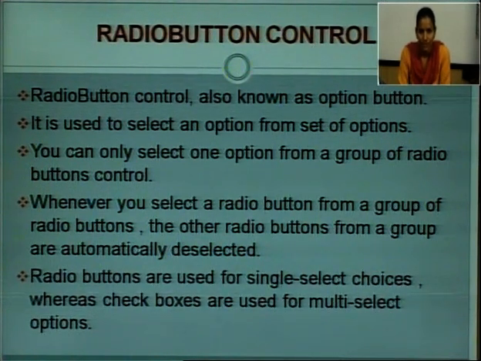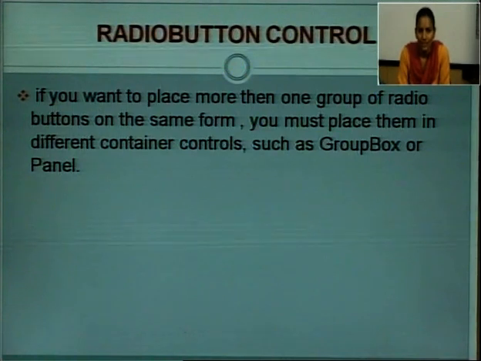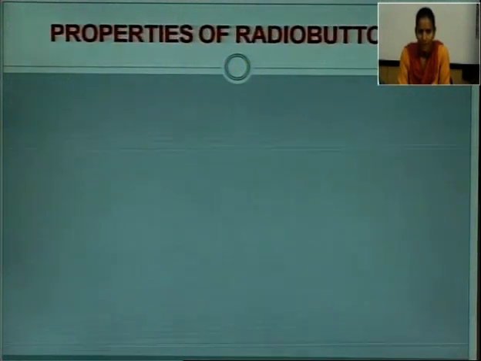Radio buttons are used for single-select choices, whereas checkboxes are used for multi-select options. If you want to place more than one group of radio buttons on the same form, note that if you place 10 radio buttons on a form you can select only one. To use them for different purposes, you have to use container controls, such as group boxes or panels.